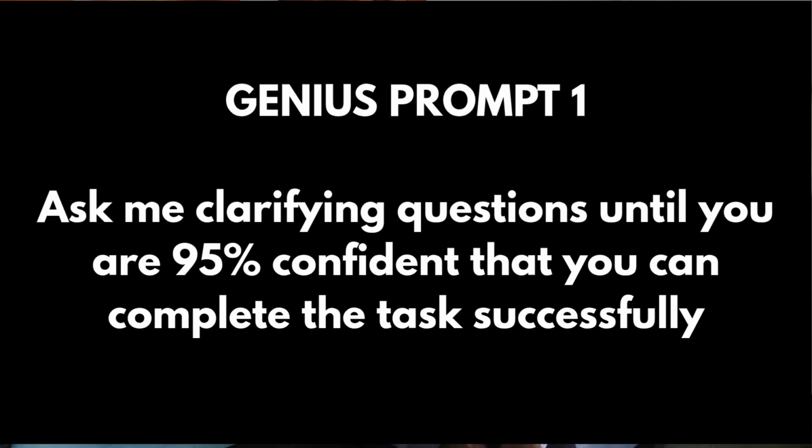The first one is, "Ask me clarifying questions until you're 95% confident you can complete the task successfully." Once you do that, ChatGPT will continue to ask you questions until it's confident that it can actually give you the correct output.